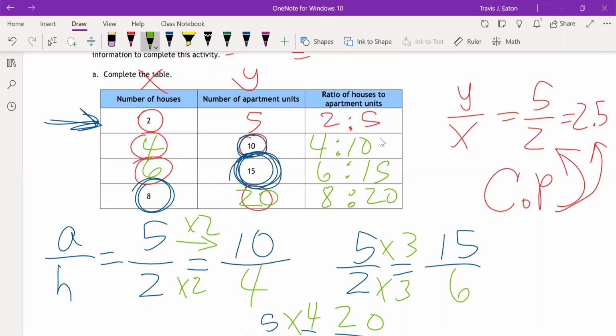All right, just writing those ratios down. And that's all you really have to do there, and the great thing is you can use proportions to help you find all of that information. Okay? Now, let's move on to the next question. And moving down.